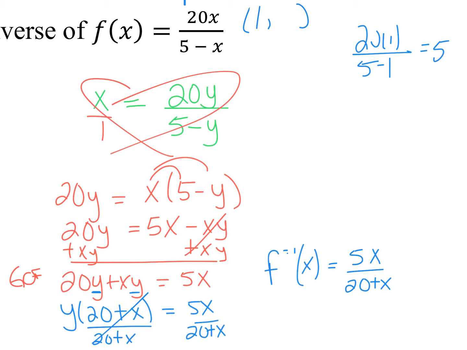So is this working? Oh, I hope so. Yeah, okay. Should be 5, 1. So let's see if I plug in 5, do I get 1? So if I put 5 times 1 over 20 plus 5, that doesn't work.